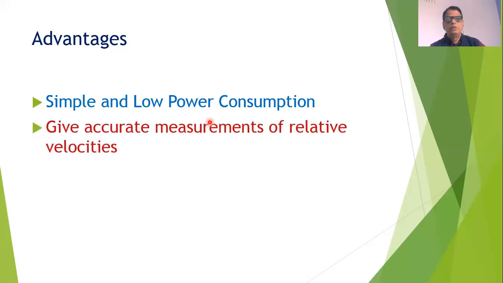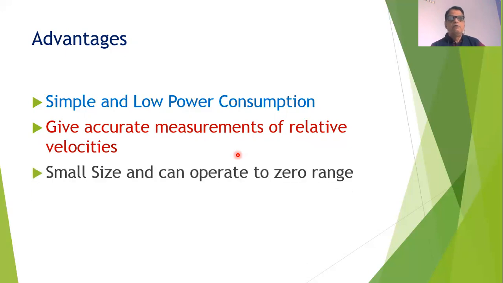This system gives very accurate measurements. So the targets that are in motion, their relative velocities can be very accurately measured by using such radar systems. You will find that it has a small size. The installation size required is very small, and it can even operate to zero range.